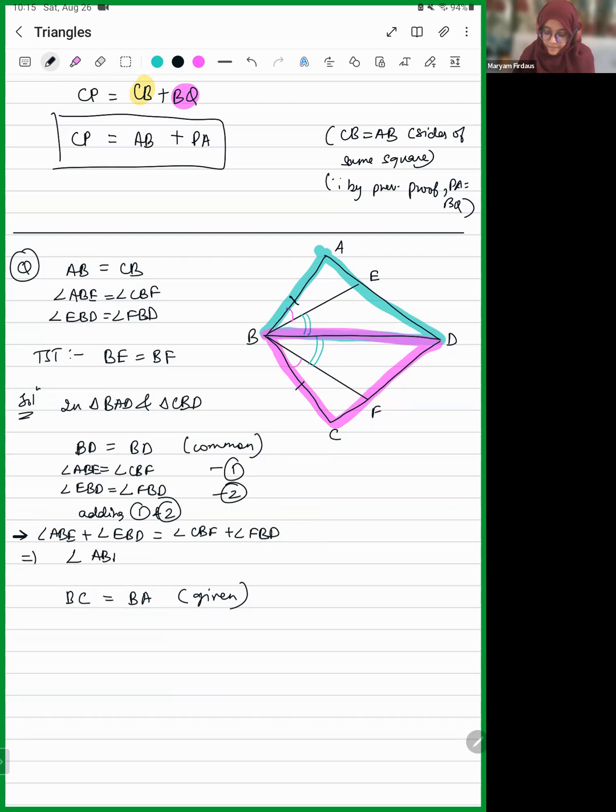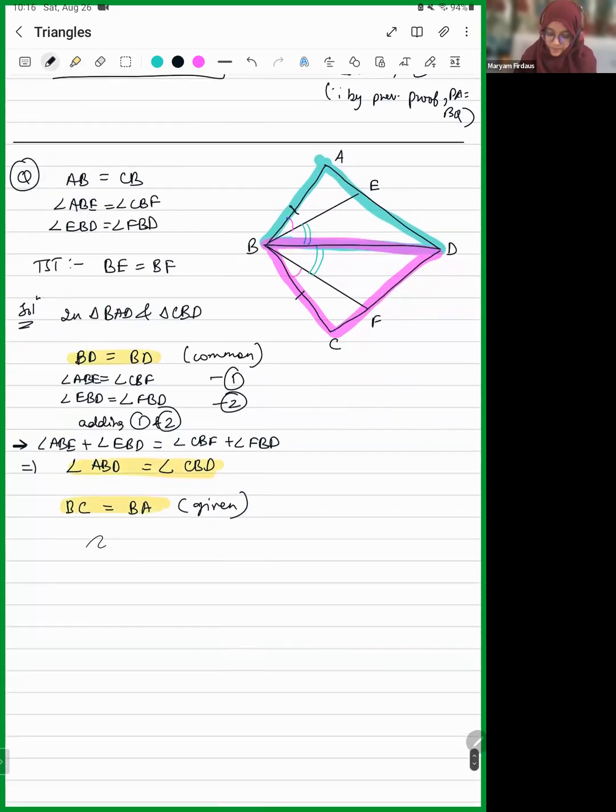ABD is equal to angle CBD. So we have this thing, then we have the BD equals BD thing, and this. By these three things, we have SAS rule. Therefore, by SAS rule, triangle ABD is congruent to triangle CBD.